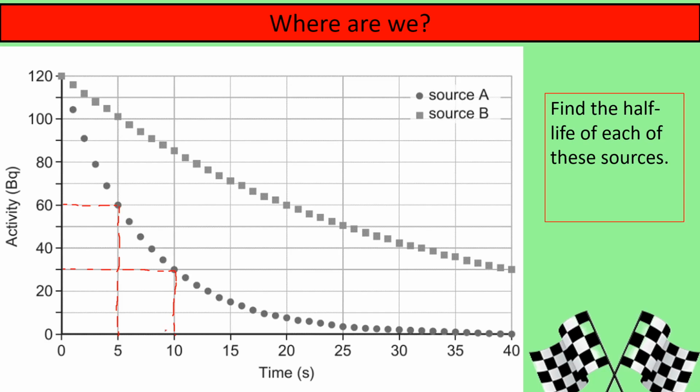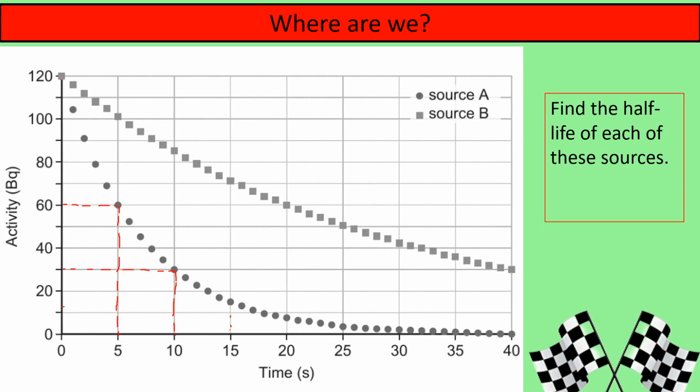Now that matches what we would expect from our first result. After 1 half-life, it was 5 seconds. After 2, it was 10. So now we can be pretty confident that our half-life is 5 seconds. And obviously, if you wanted to, you could do this again. You could go down to 15, and do the same thing again. And you could keep going all the way down to the bottom.